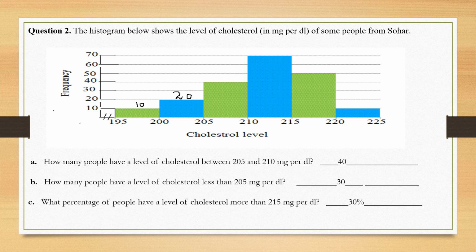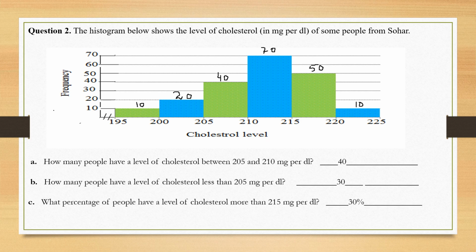From 205 to 210 we have 40 people. From 210 to 215 we have 70 people, from 215 to 220 we have 50 people, and from 220 to 225 again we have 10 people.